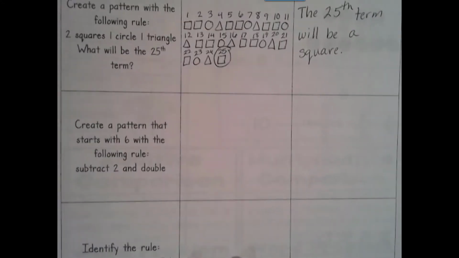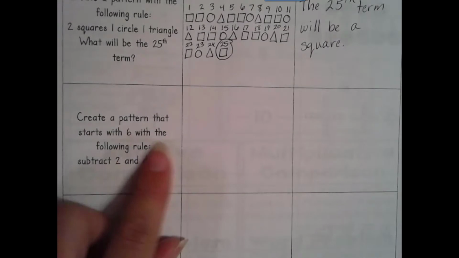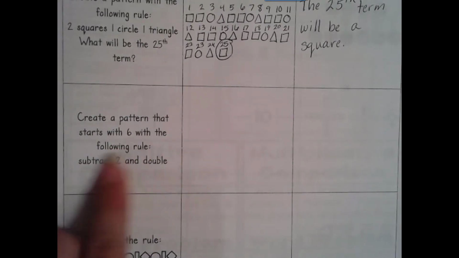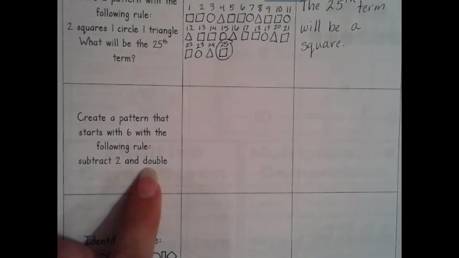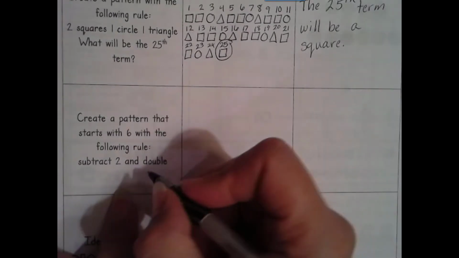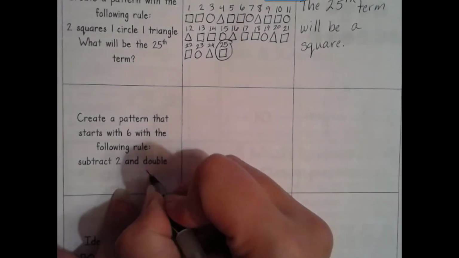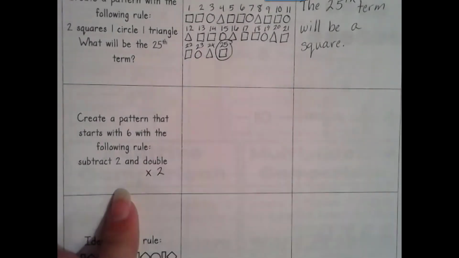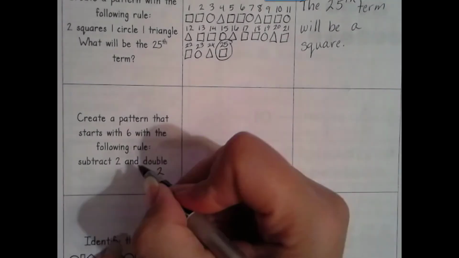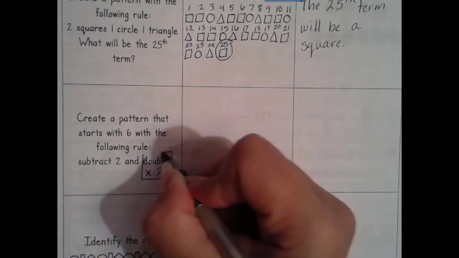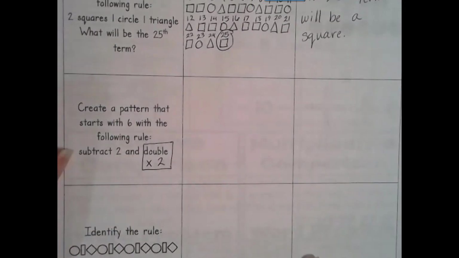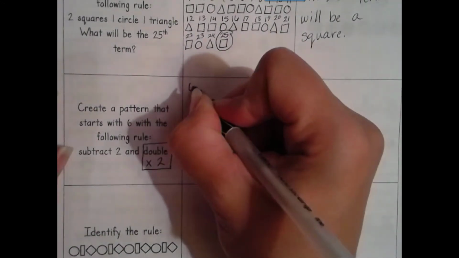Our next pattern is a number pattern. Create a pattern that starts with 6 with the following rule. Subtract 2 and double. So double means multiply by 2. That's what double means. So I start with 6.